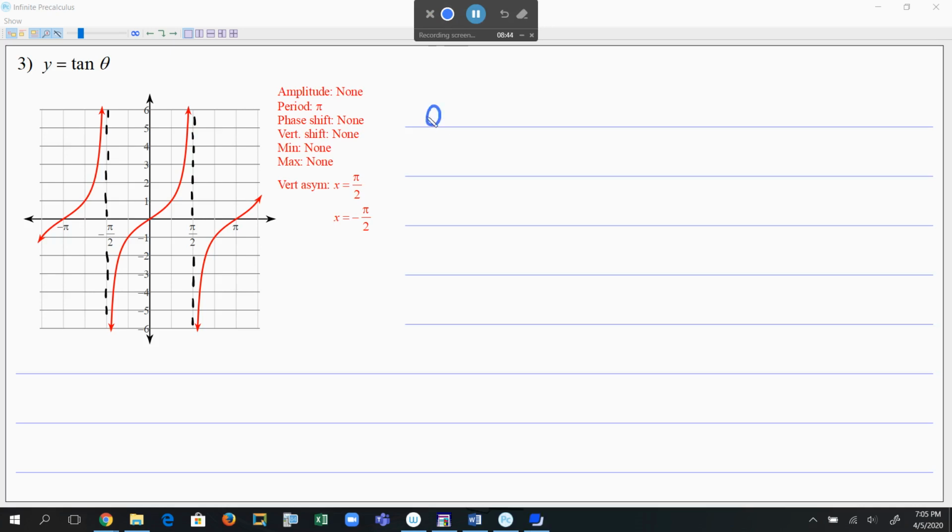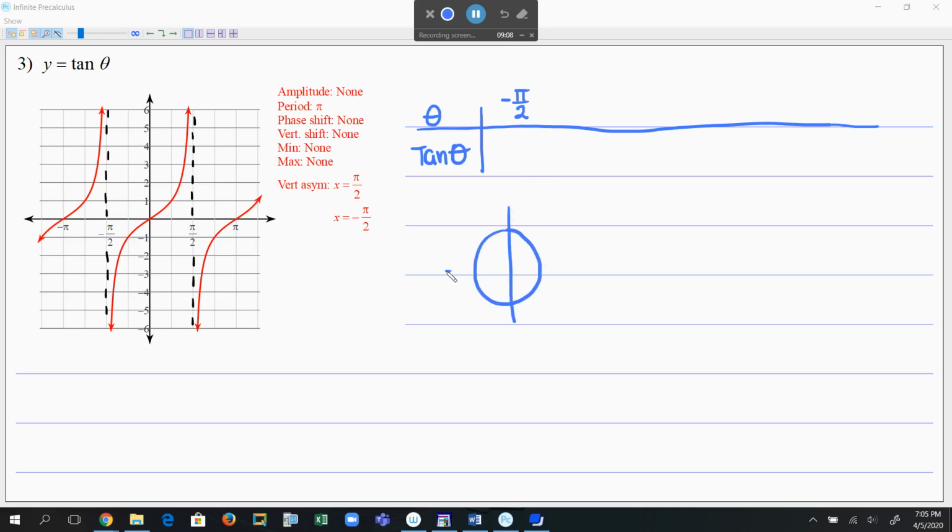So let's go ahead and make a table. This is the input and the output will be tangent data. So let's look at tangent of negative pi over 2. Again, if you sketch your unit circle quickly, this is 0 degrees, or 0 radians.